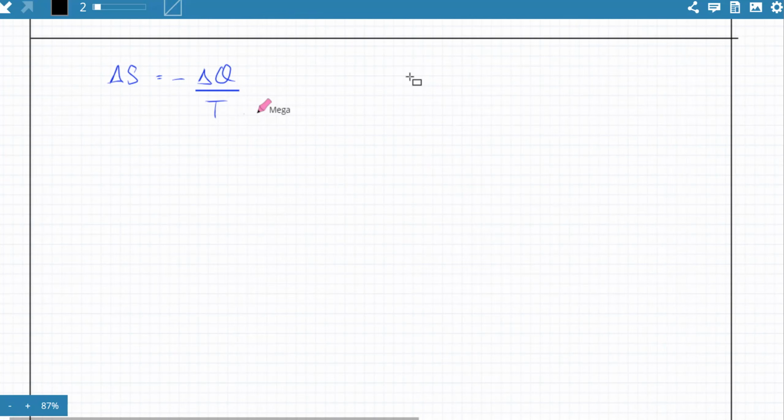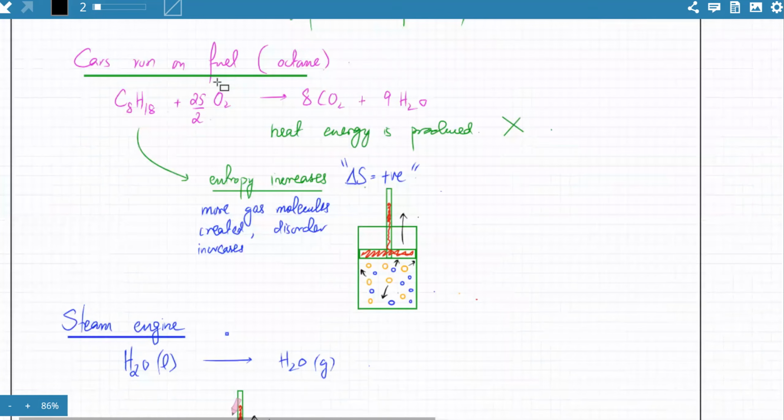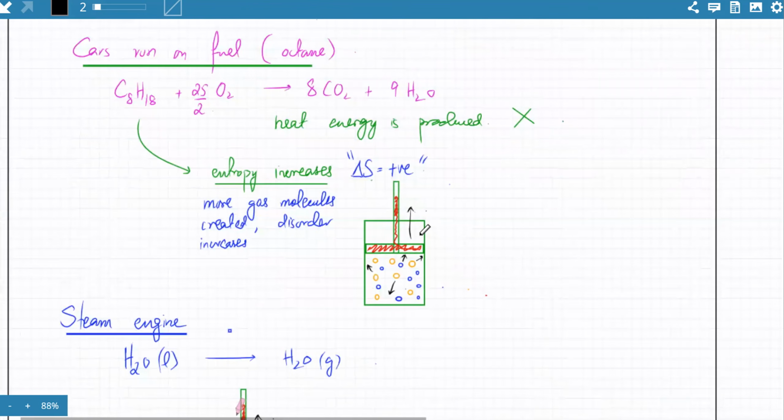Remember, when delta S increases, the sign of energy and delta S are actually the opposite. Let me explain this, and this is also very important. You see, delta S was positive over here, right? So work was produced. When work is produced, the piston was moving, the work was produced. So that means work is exothermic.